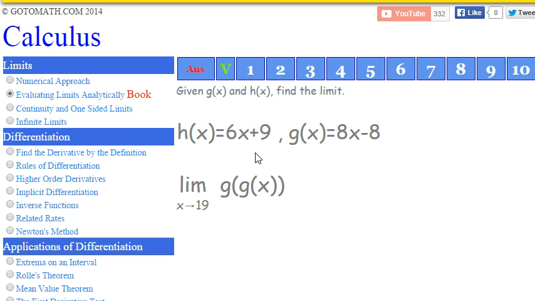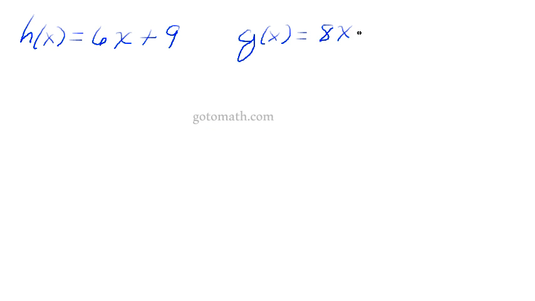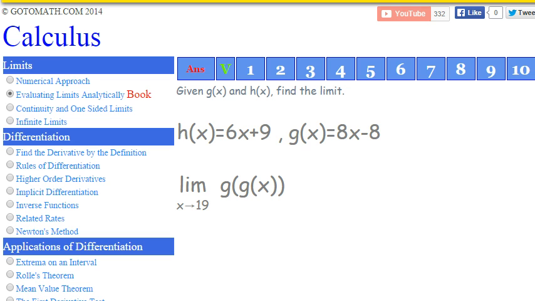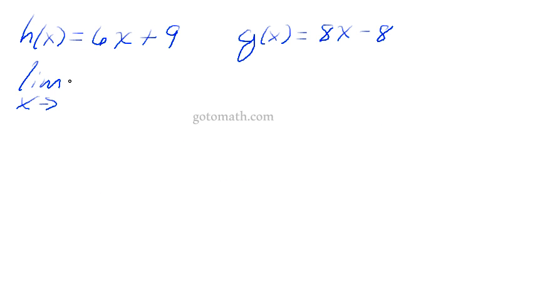Actually, we got h of x is 6x plus 9, and we have g of x is 8x minus 8, and we want to find the limit as x approaches, what was that again, 19. 19's down here.